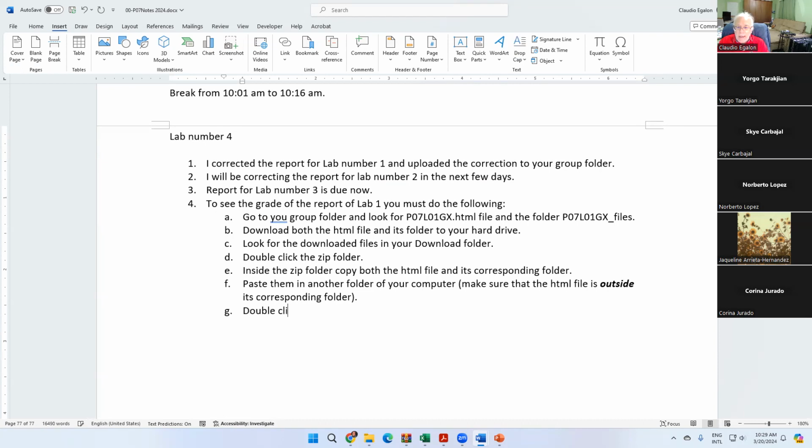Double click the HTML file and you will be able to see your grade and be able to see the correction to your report.